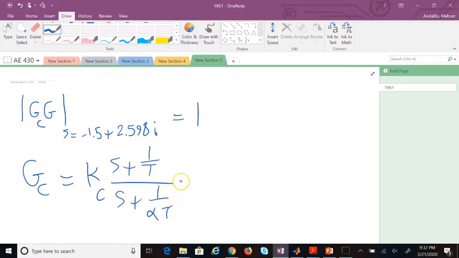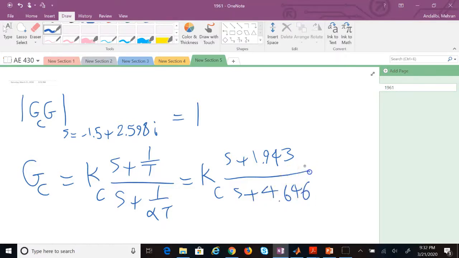And since I have T and alpha, this is Kc times S plus 1.943 divided by S plus 4.646.